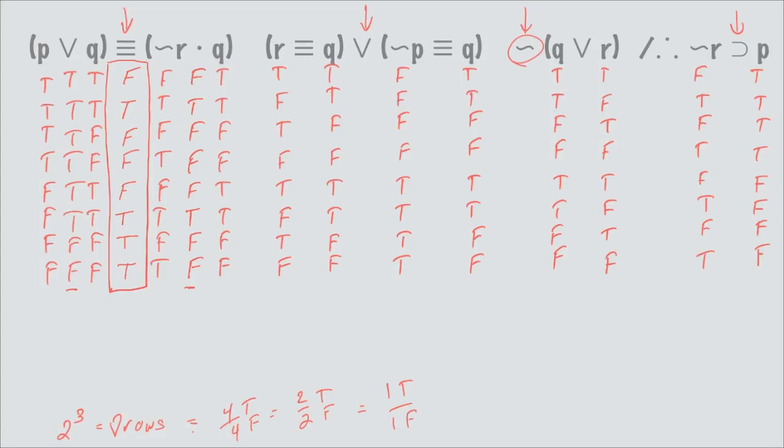Now I go to the next part and I'm going to do just the same on each of these. So R if and only if Q: true, true, false, false, true, true, false, false, true. And again, I've already done the negation on the right hand side, so I've got that biconditional in parentheses to work.